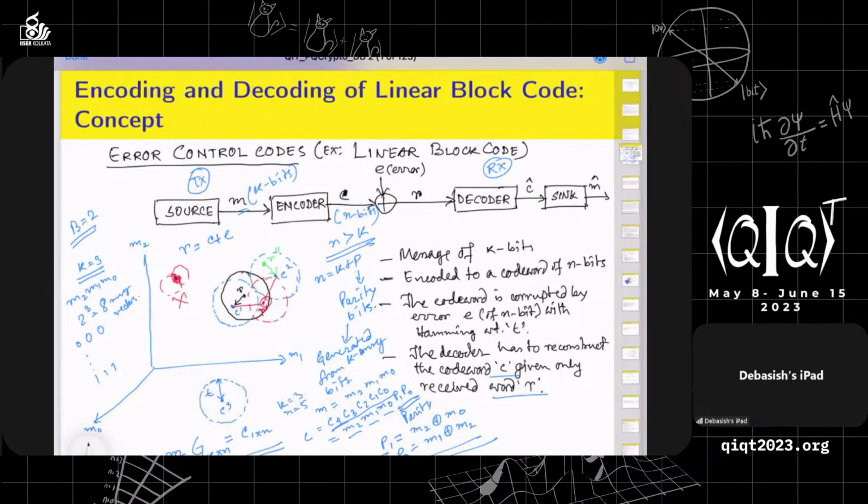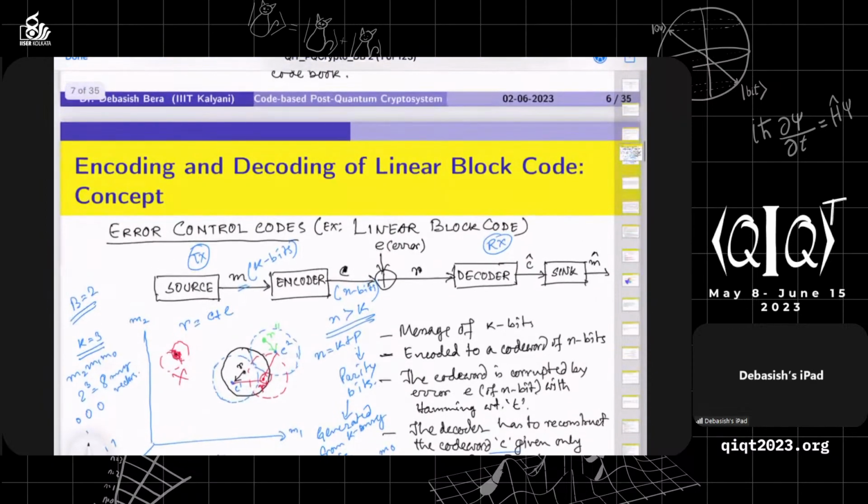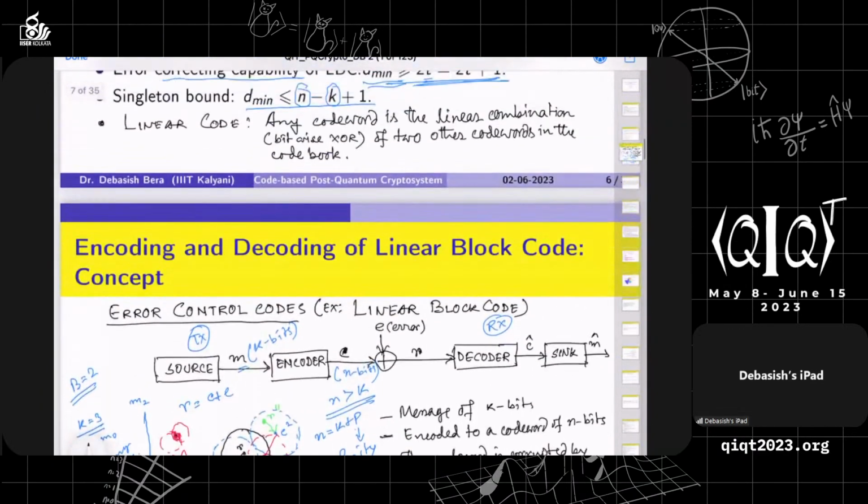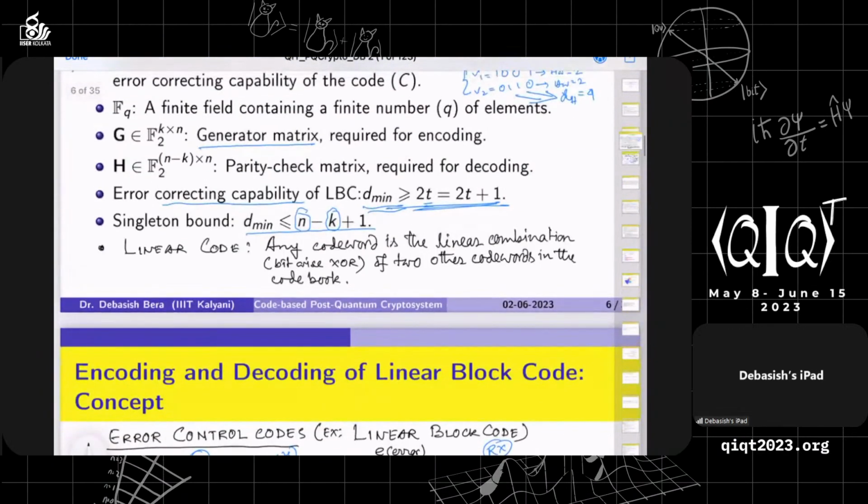So t should be as large as possible, and each code word should be separated as much as possible. That is why we talk about the distance between two code words, the term d_min. So d_min is a very important parameter which defines the error correcting capability of a code.